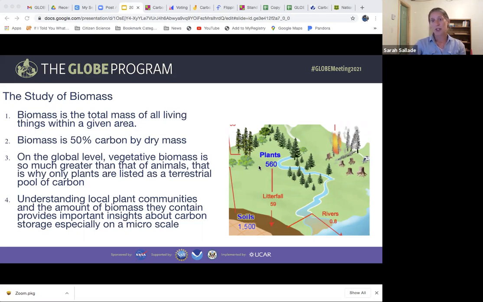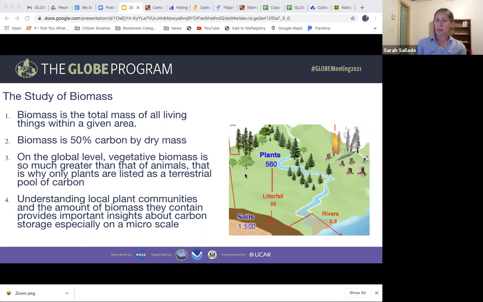But you may have also noticed on the global carbon cycle diagram that there's no carbon cycle number for animals, and it's because the mass in animals just doesn't compare to the mass in vegetation across the terrestrial ecosystems.